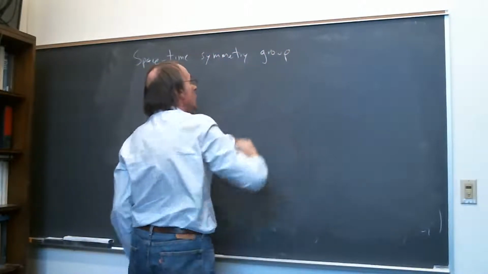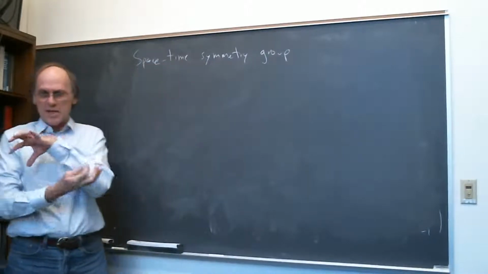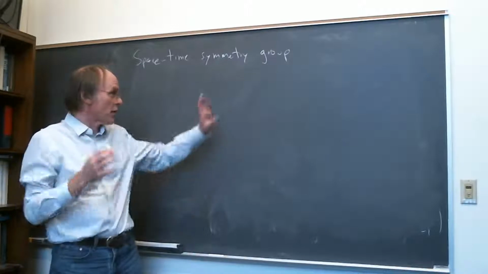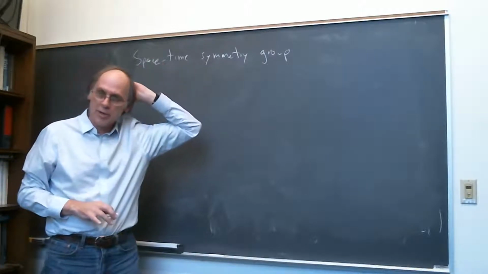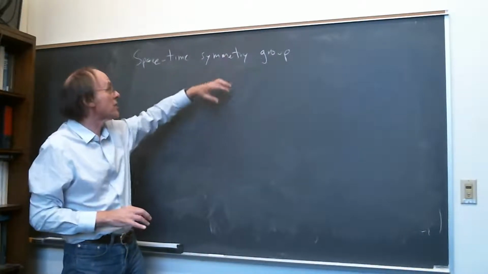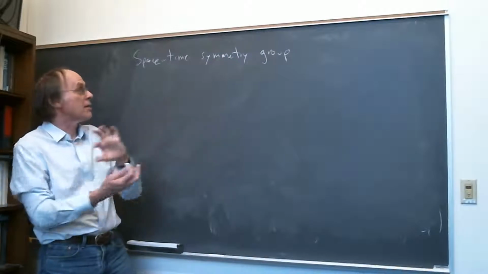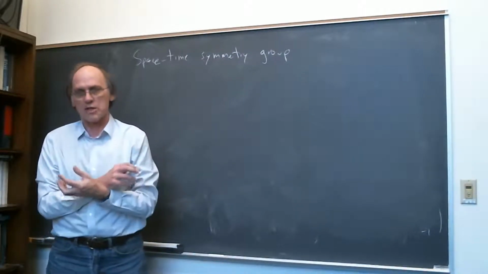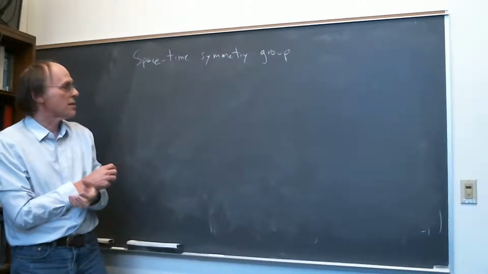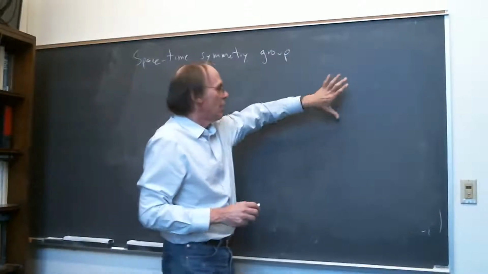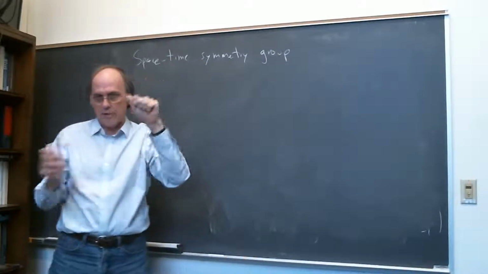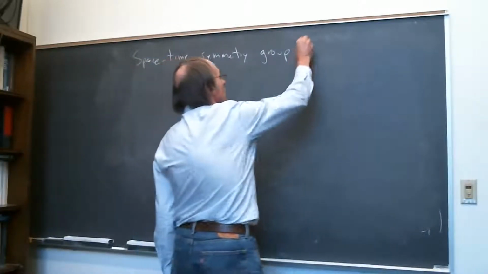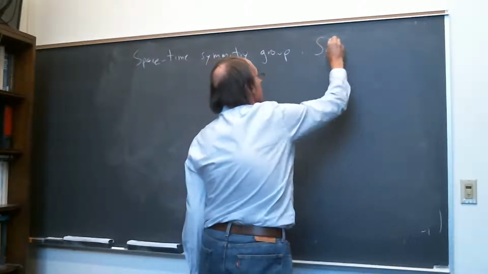Before, we just had SO3, the group of rotations, and so, ignoring translations for now, I'll talk about translations a bit later. Ignoring translations, the space-time symmetry group is now just these generalized rotations, rotations of R4 that preserve that inner product. And I'll call it SO31.